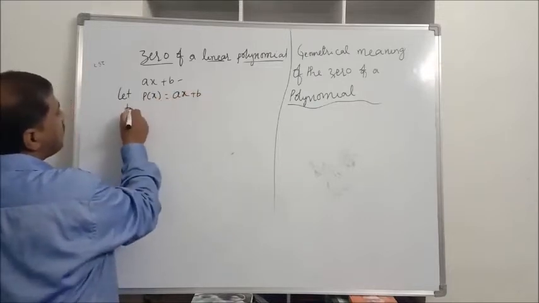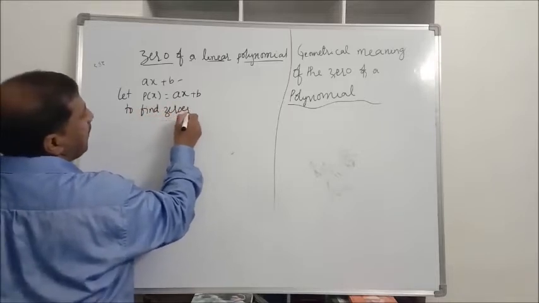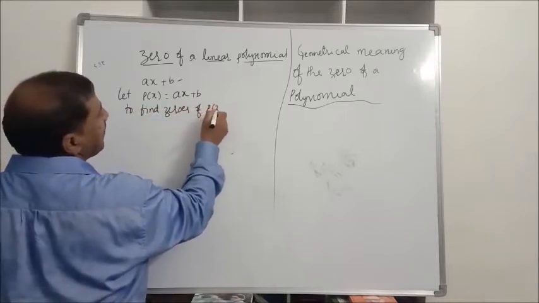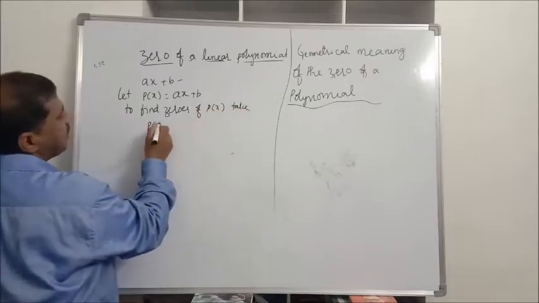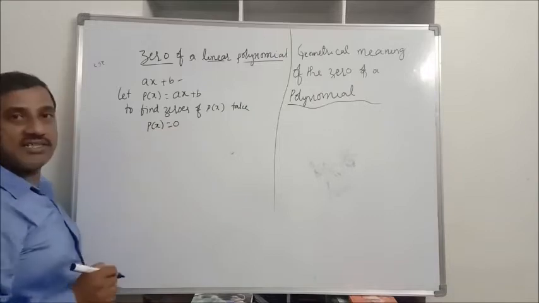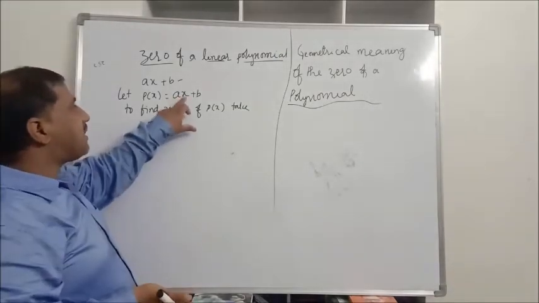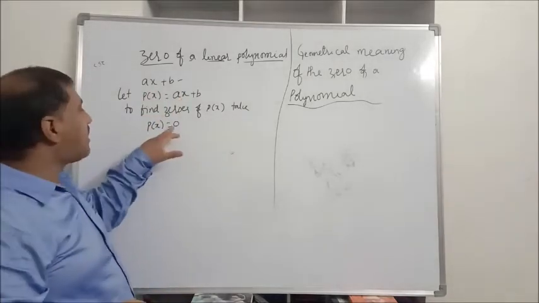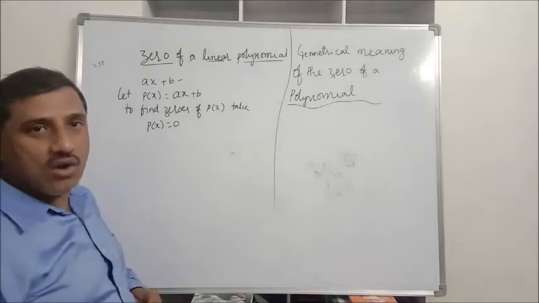To find the zeros of p of x, take p of x equal to 0. Why are we taking p of x equal to 0? Because we want to find what value, substituted in place of x, makes the resultant value 0. Hence we take p of x equal to 0.